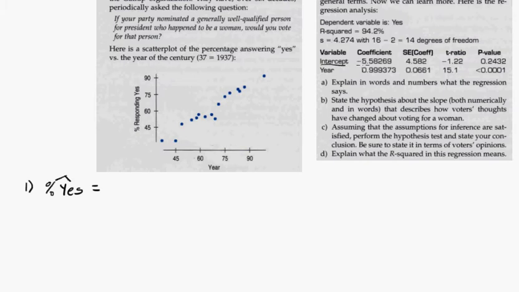They actually say y-intercept, which I think is nicer, is negative 5.583 plus the slope, almost 1, 0.999 times the year. Okay, so that's what the regression says.